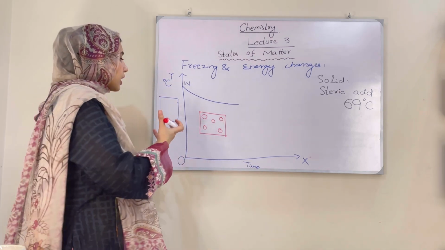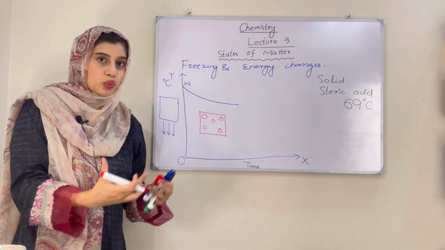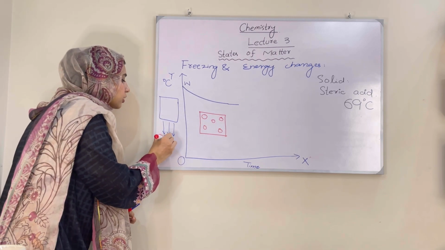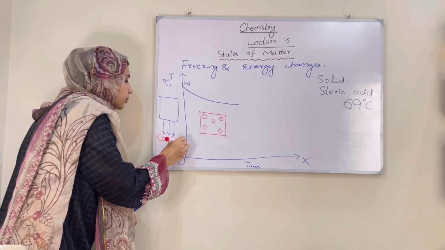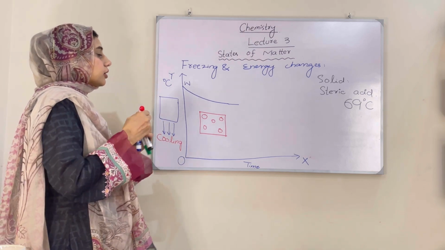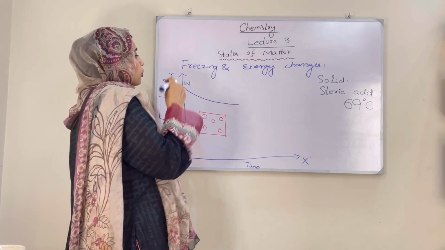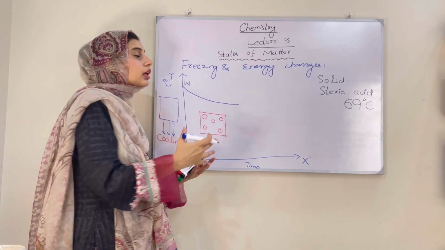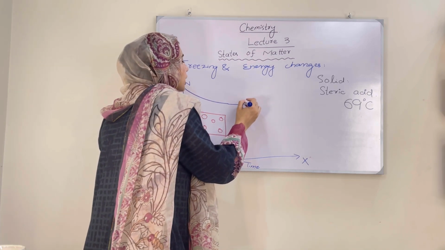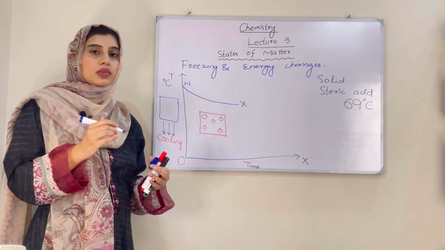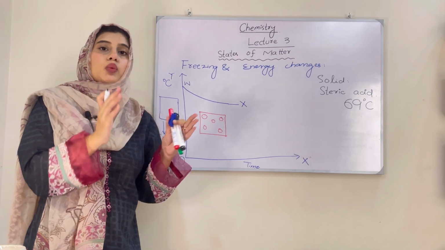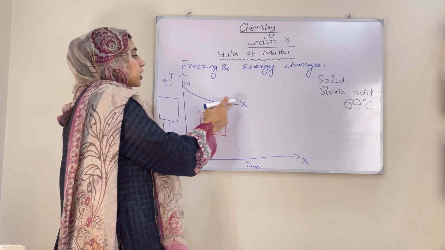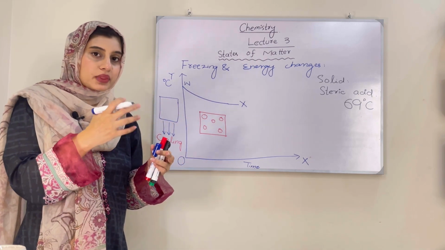So we are extracting some energy, we are decreasing the heat, we are basically cooling this whole mixture. So from W, the temperature is decreasing, we are doing cooling, and this is the point X where it started converting into a liquid.